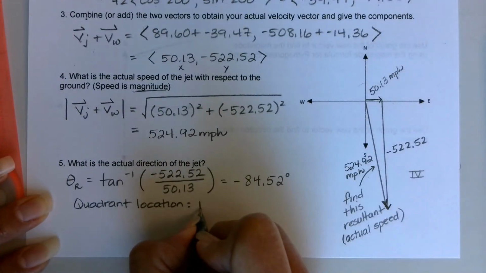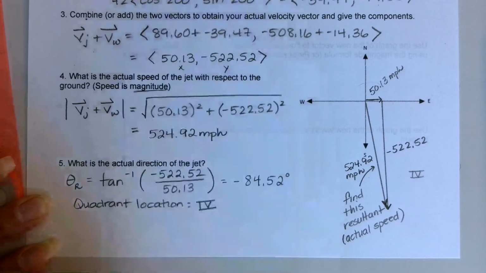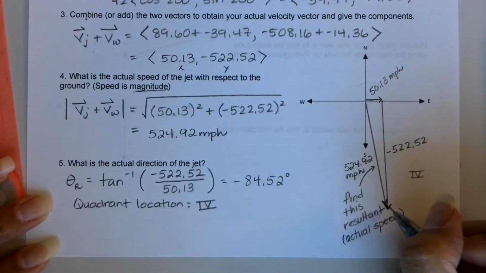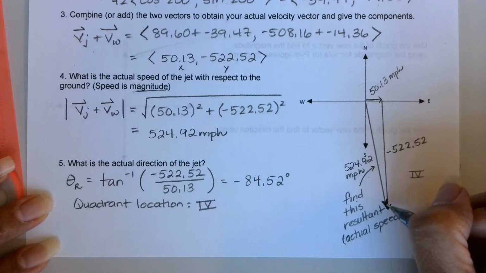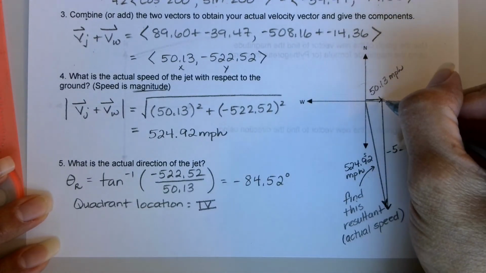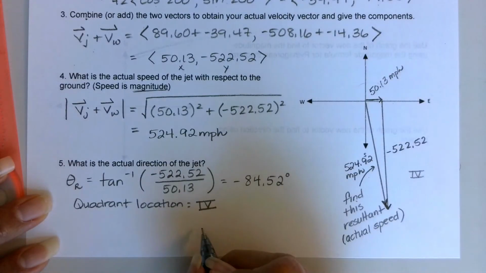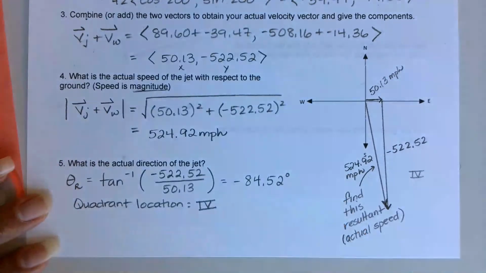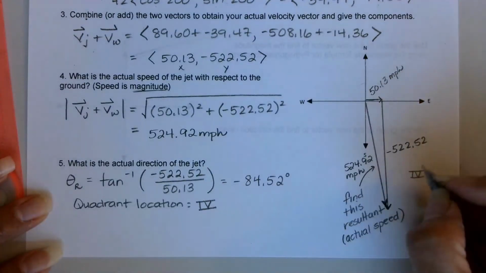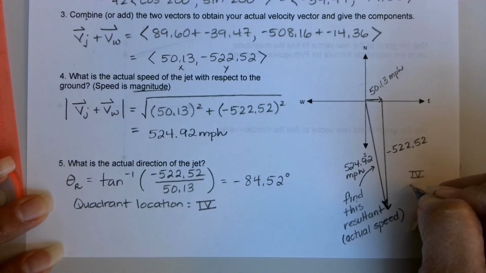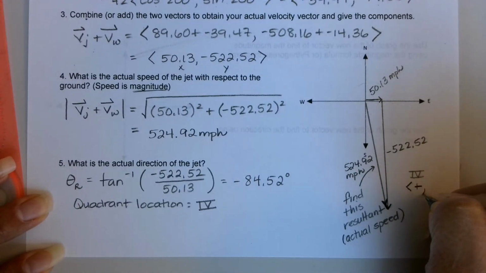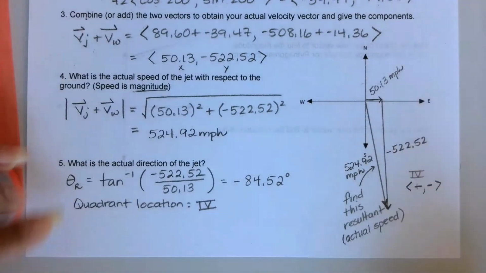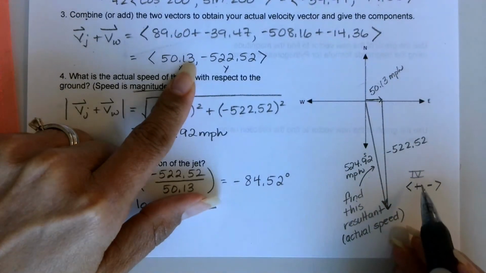Because it's located in quadrant 4, we know that this terminal point where our resultant ends had to go positive and have negative values. So that's why we know quadrant 4 has positive, negative signs.